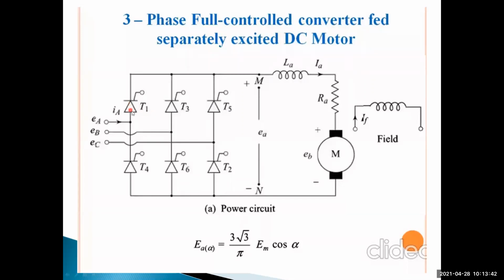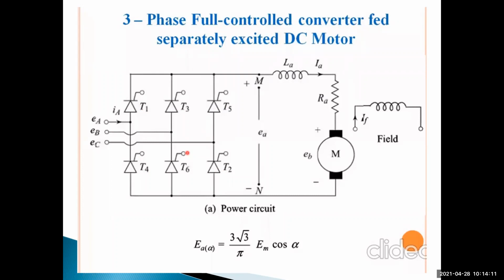During the reverse biased condition, if you try to turn on thyristor T1, it will not be turned on. Okay, there is no use of that during the reverse bias condition. Even though you are giving the triggering pulse to thyristor T1 during the reverse bias condition, it is not turned on. If thyristors T1, T3, T5 or T4, T6, T2 are forward biased and you give the triggering pulse, then only the thyristors are turned on.